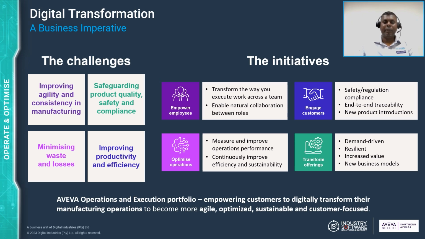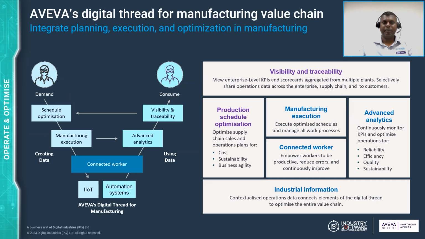In terms of minimizing waste and losses, we need to measure and improve operations performance and continuously improve efficiency and sustainability. In terms of improving productivity and efficiency, we need to be more demand-driven, resilient, increased value, and implement new business models.